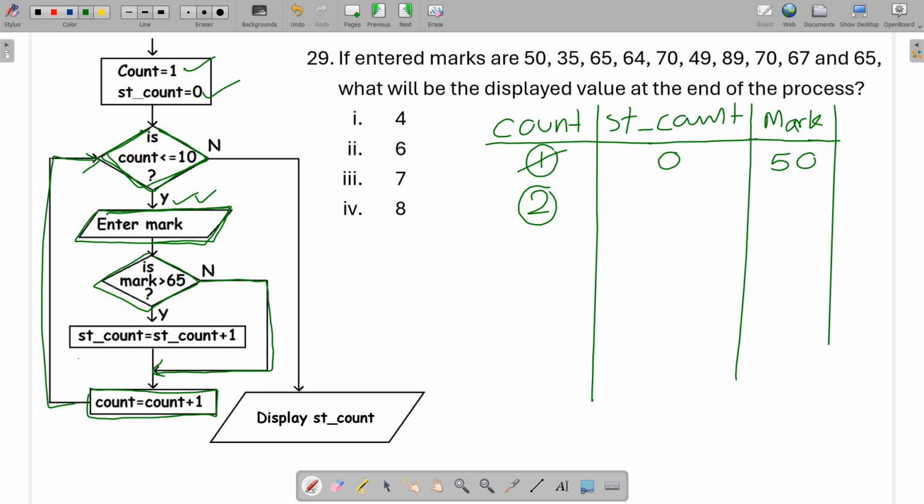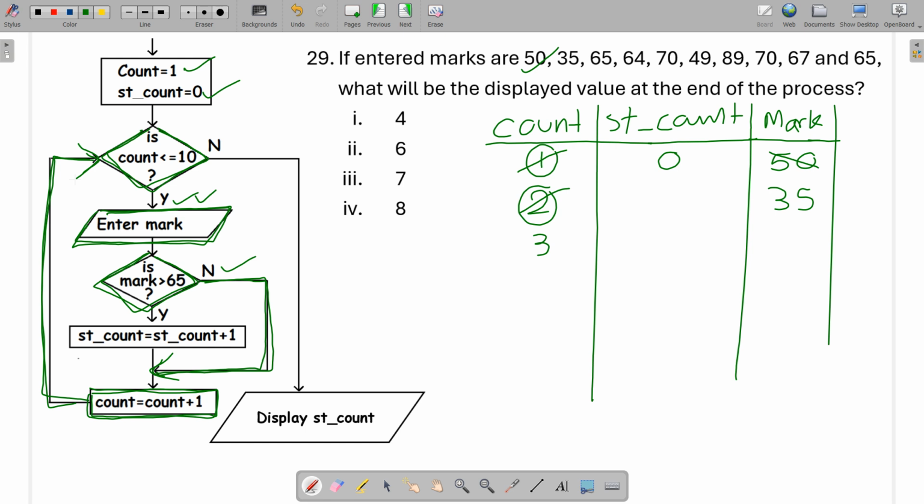The next mark will be entered, since 50 is done. So 35 is going to be for the mark variable now. It is checked again, mark is larger than 65, which is not. Again it goes in the no path, and comes over here and increases the count by 1. So count will become 3. It goes up and checks the count again.